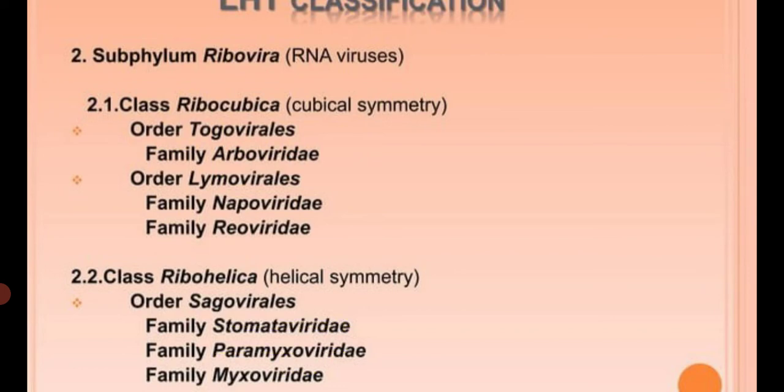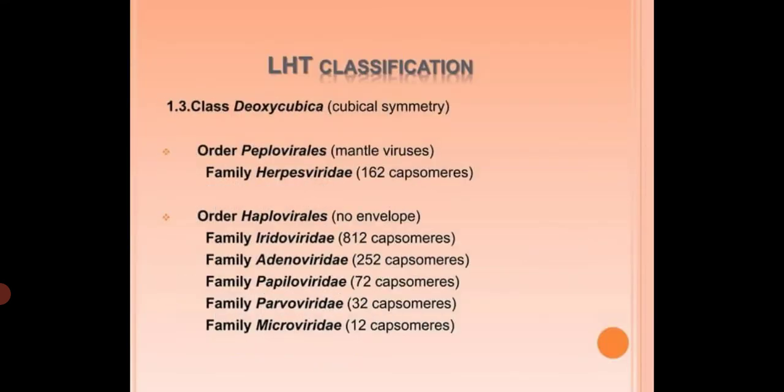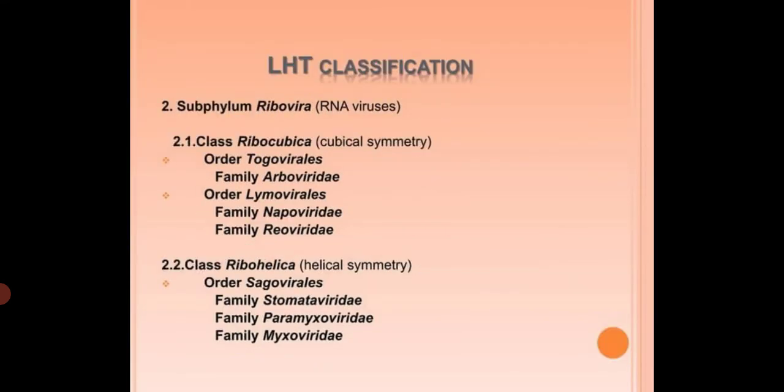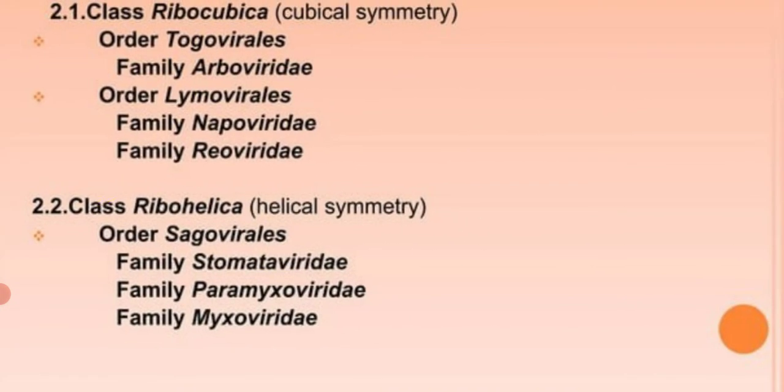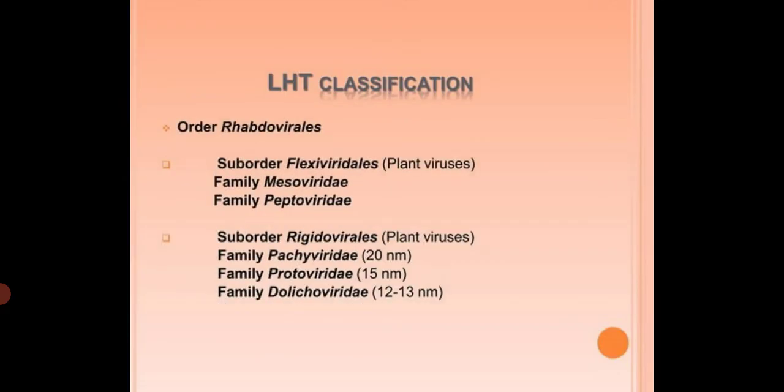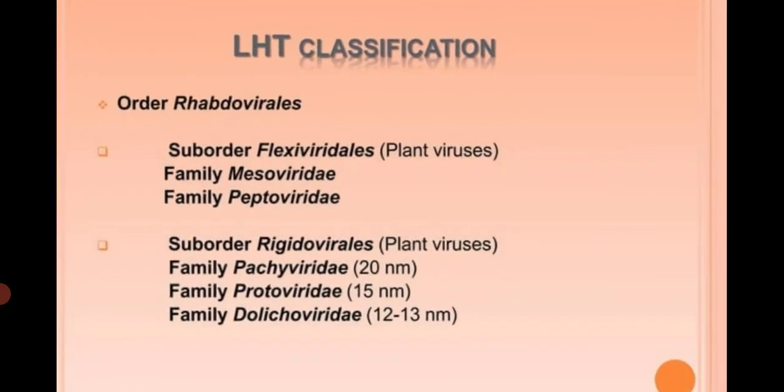Here plant viruses are classified, Stomataviridae, Paramyxoviridae and Myxoviridae. In these families there is a classification of plant viruses, and they come under the order Phagovirales.